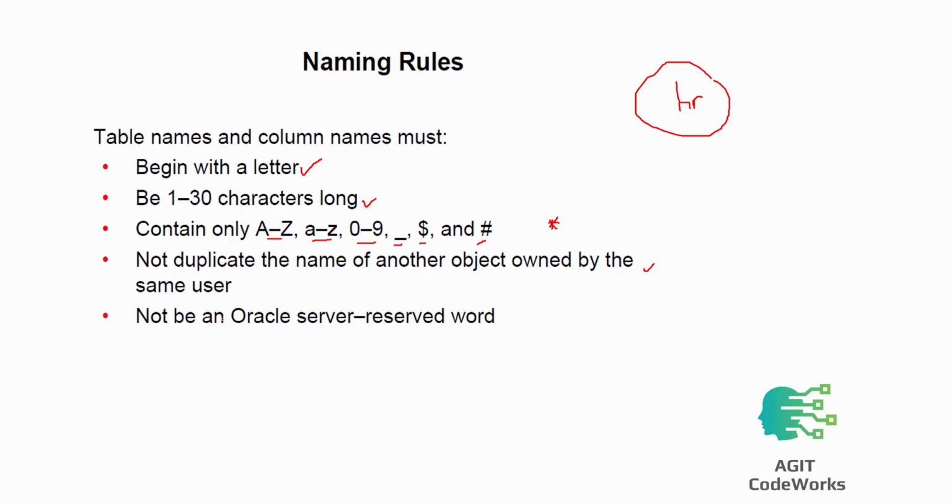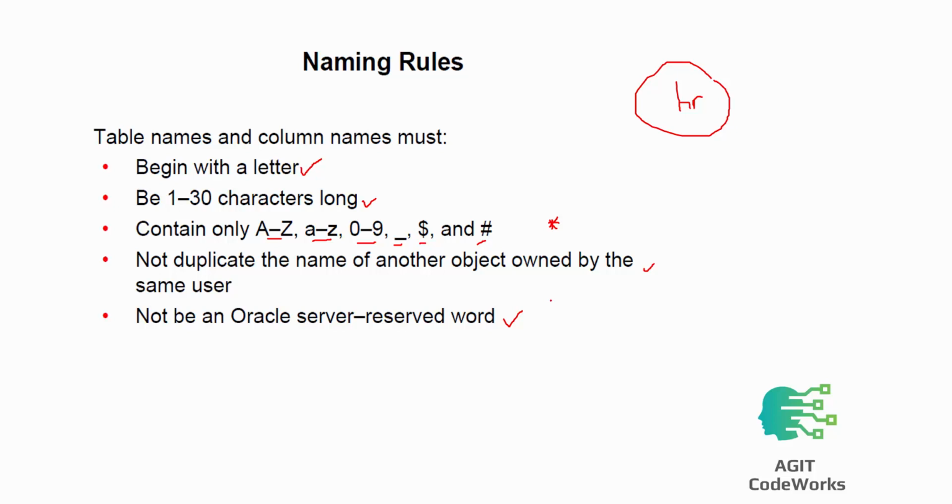Lastly, a table name must not be an Oracle server reserved word. So that means the name of a table cannot be, for example, create. Create is a statement in Oracle, like the where clause. Any reserved word used in SQL code cannot be the name of a table.